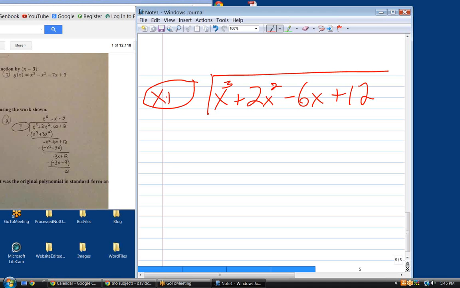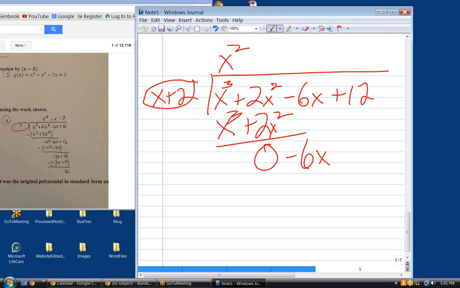Well, let's see. That would give us x cubed plus 2x squared, 0 minus 6x. It's not x plus 2. What is it?